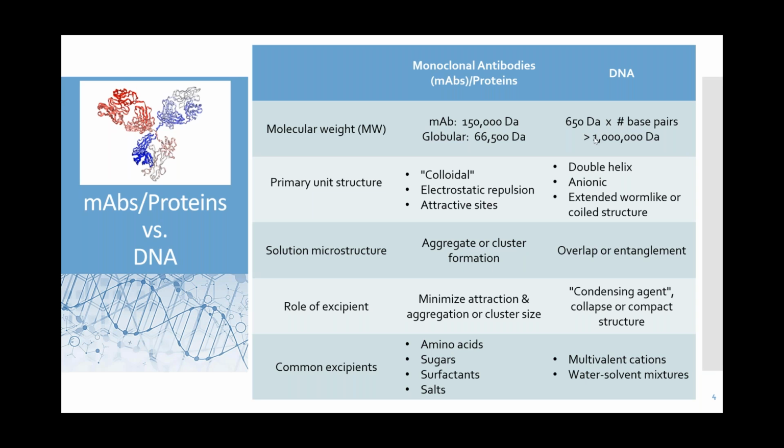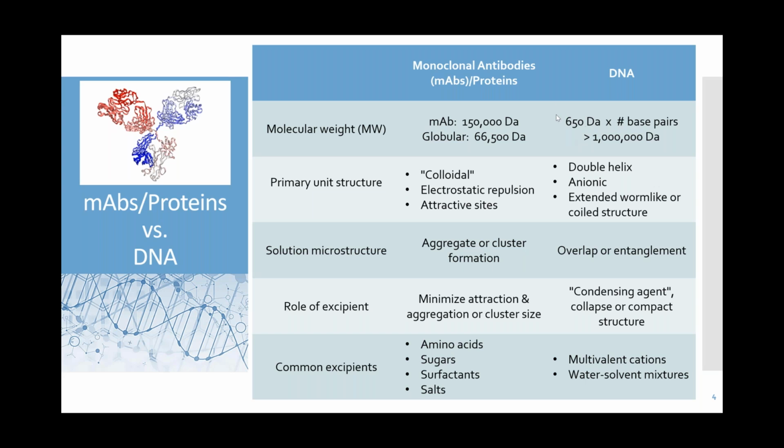Now, DNA's molecular weight can vary quite a bit, but we're going to share what our experience was using calf thymus DNA, and that was that you had the potential to have significantly higher molecular weights.